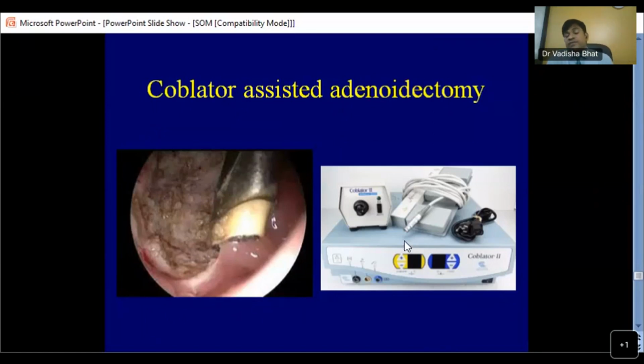The advantage of the coblator or the microdebrider is less bleeding. We can see a bloodless field many times after coblator-assisted adenoidectomy. So these are the different techniques of tackling enlarged adenoids.